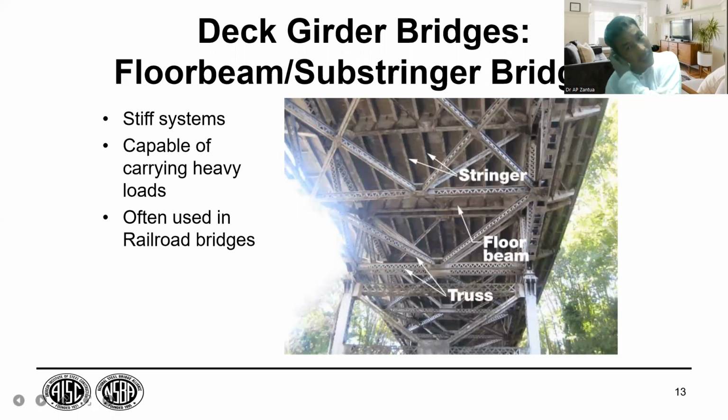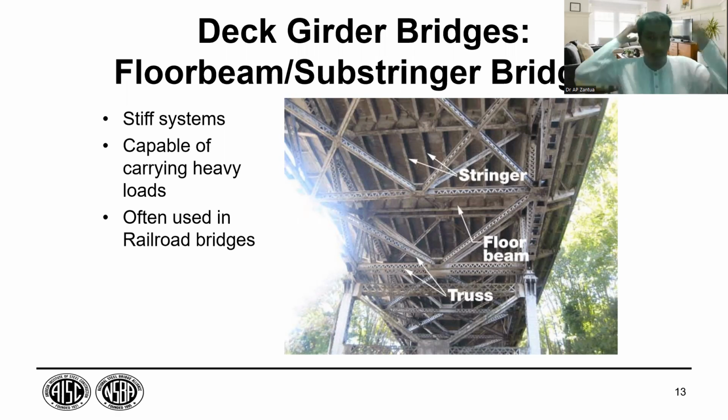So floor beams are usually supported by girders. So girders, then floor beam, then stringers, then decking, then pavement. Okay? So there are several truss components here. These are actually small trusses. Look at the bracing.